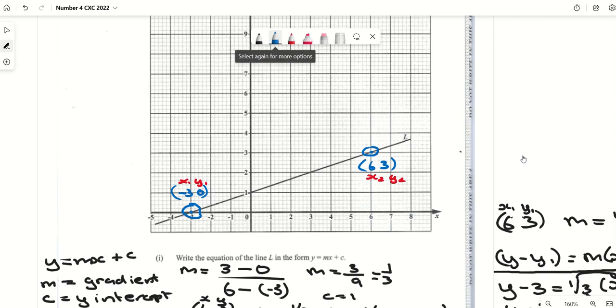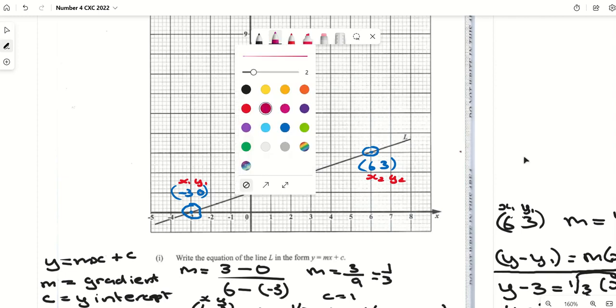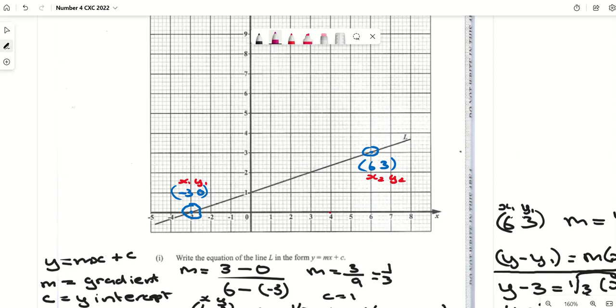I will just use a different color so that you guys could see. So it's (4, 0): x is 4 and y is 0.